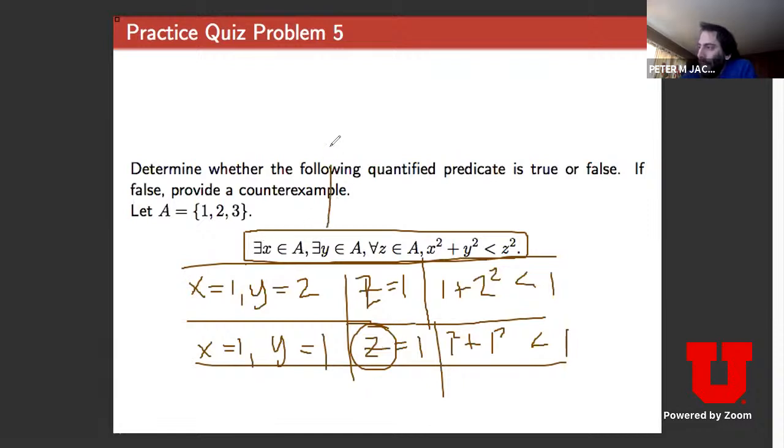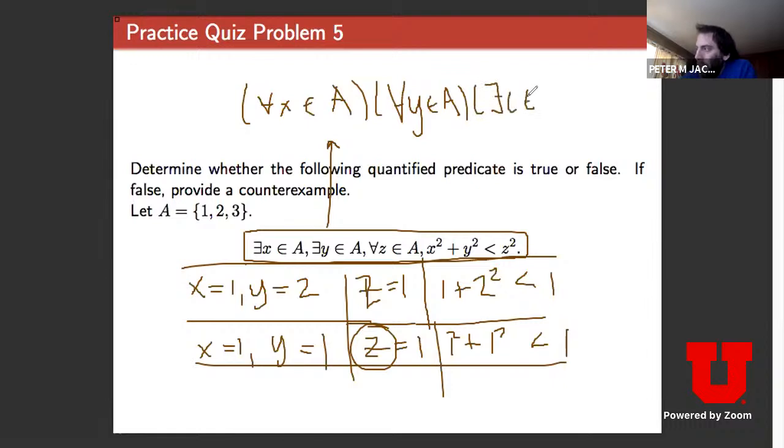If we take the negation, it becomes: for all x in A and for all y in A, there exists a z in A such that x squared plus y squared is greater than or equal to z squared.